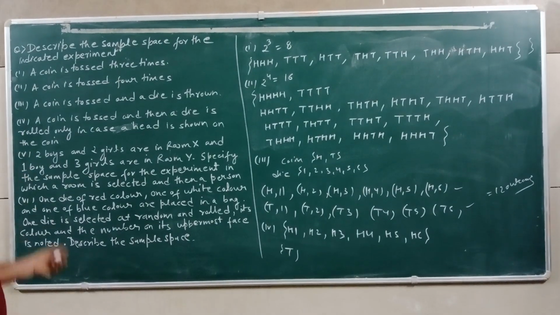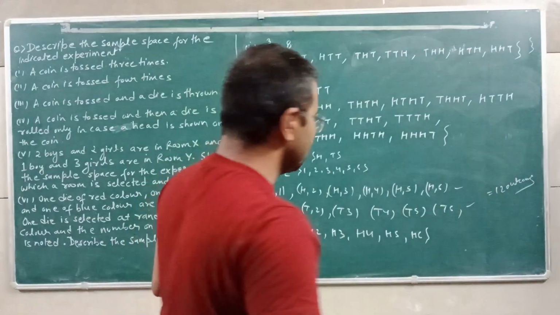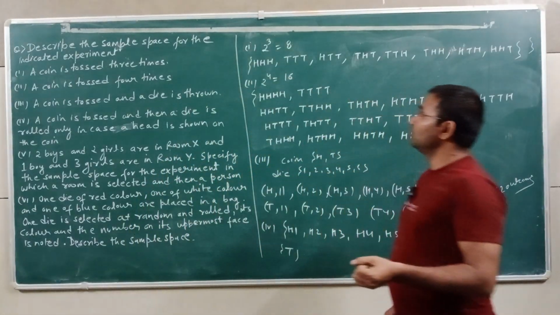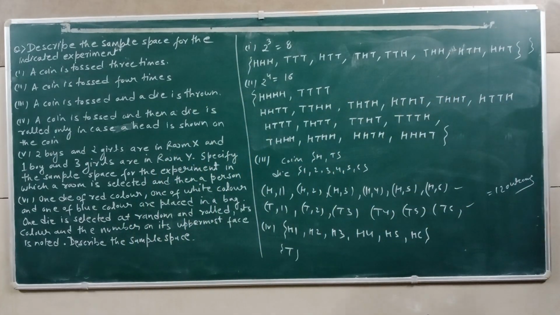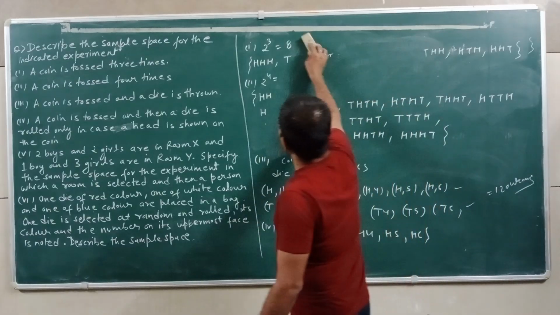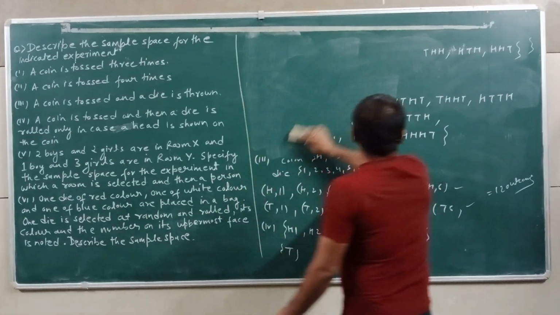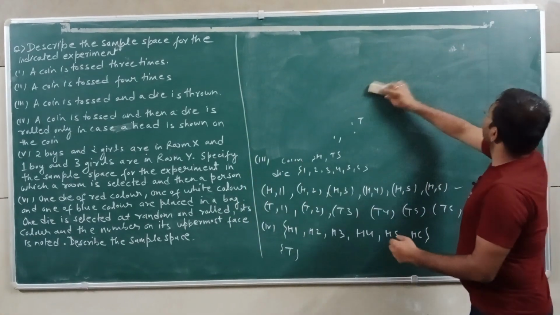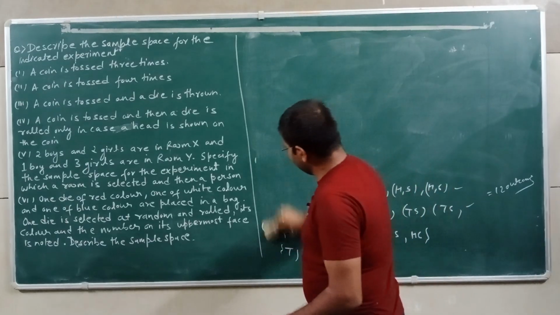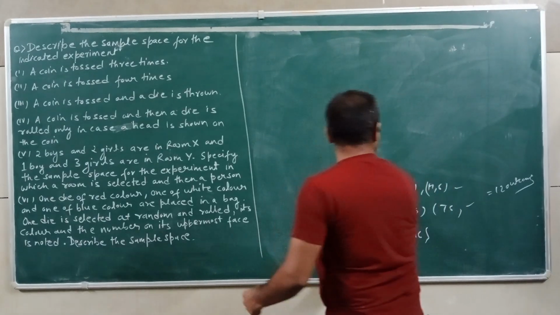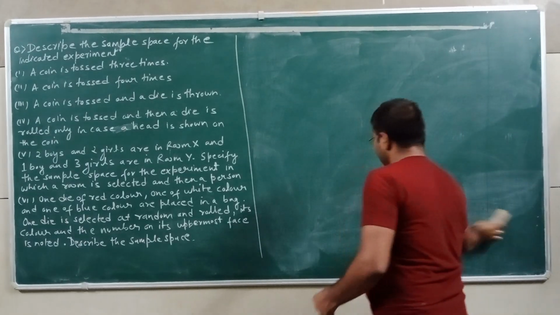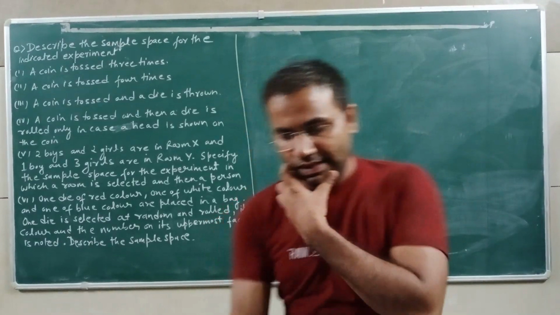Okay. Now let us see the fifth one. So for writing the sample space of the fifth one, I am going to erase this. I hope you have noted it down. Okay.